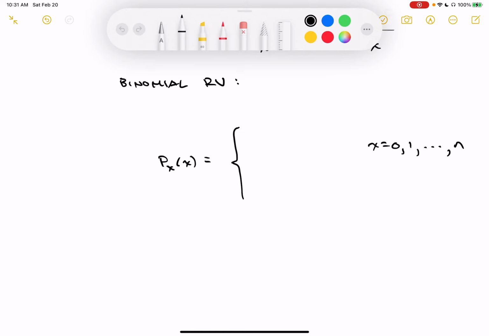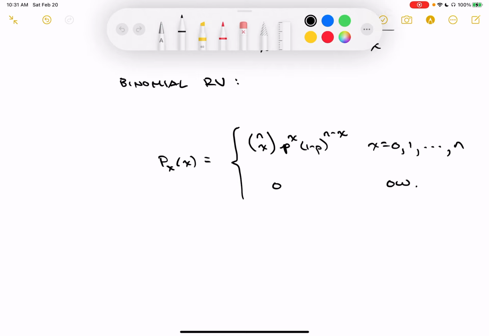We know for x successes, there's a probability p to the x, and that has to be accompanied by the failures, that's 1 minus p, and there has to be n minus x of that because we were testing a fixed number n of objects. The only thing that we have to add on is this count that allows for the different arrangements. We did that counting exercise in the last chapter, and that's going to be n choose x, something along those lines. And we would get 0 otherwise.